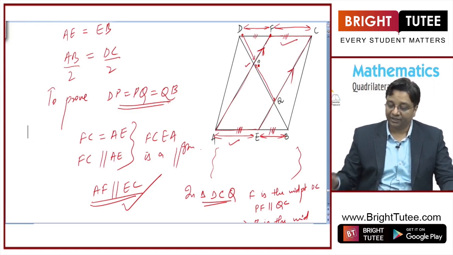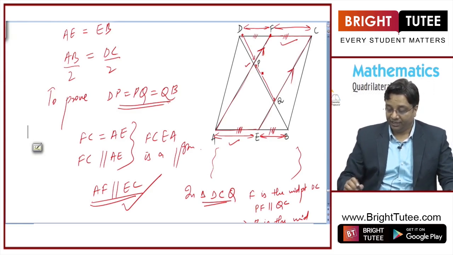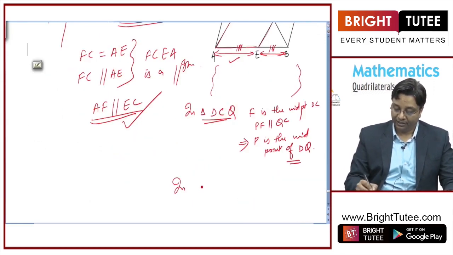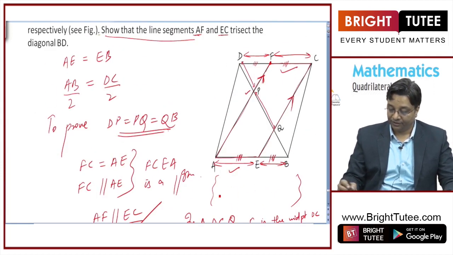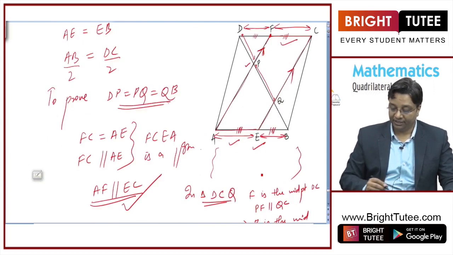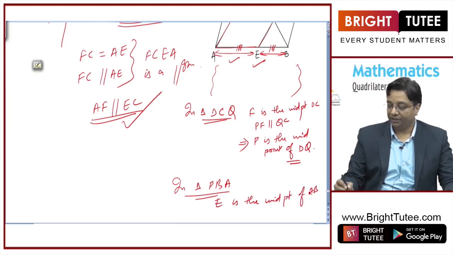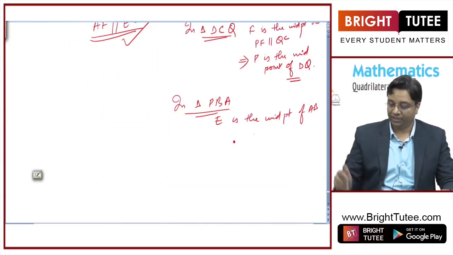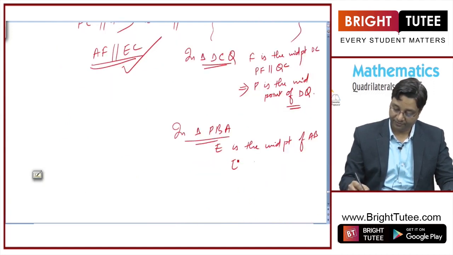Now I want you to focus on another triangle, triangle PBA. In triangle PBA, now what you know about this point E? E is the midpoint of AB, and EQ is parallel to PA.